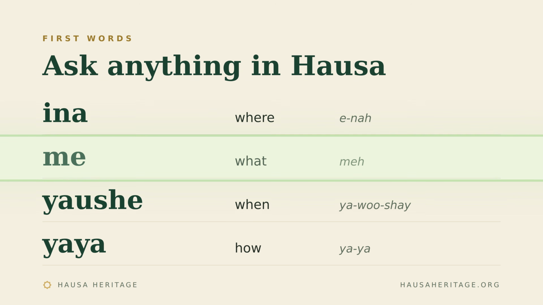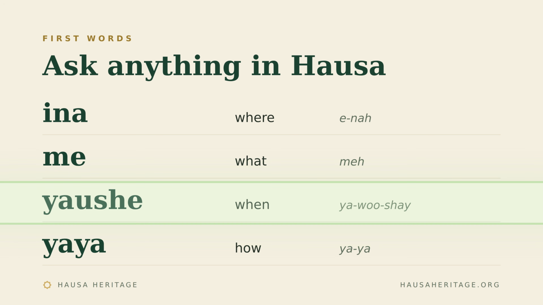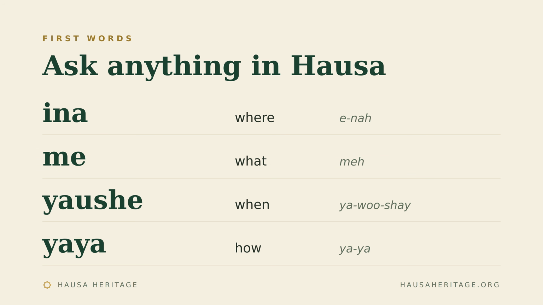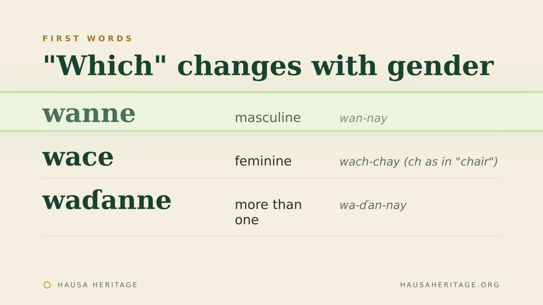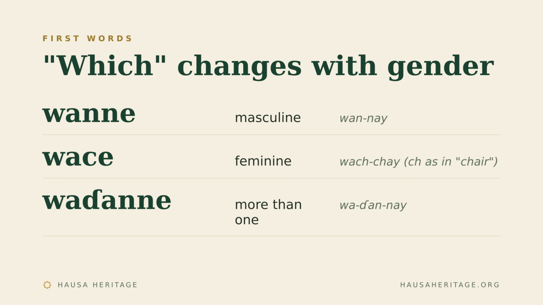Me, what. Yaushe, when. Yaya, how. Wane, which, masculine. Wace, which, feminine. Waɗanne, which, plural. Very good. These small words open the door to many questions.